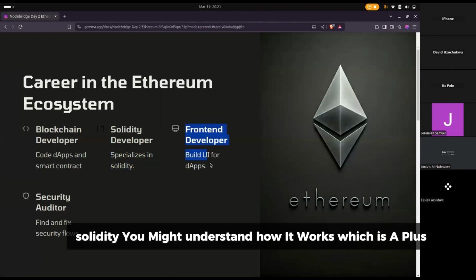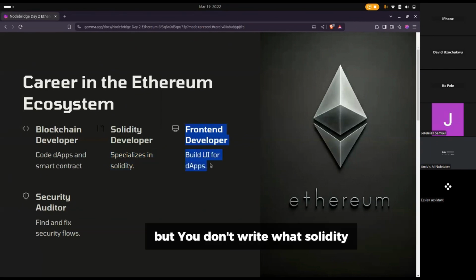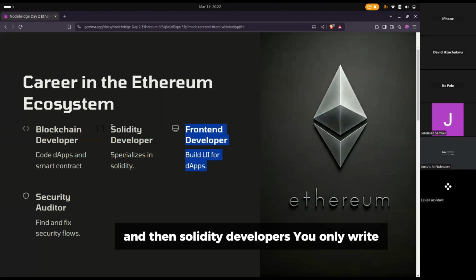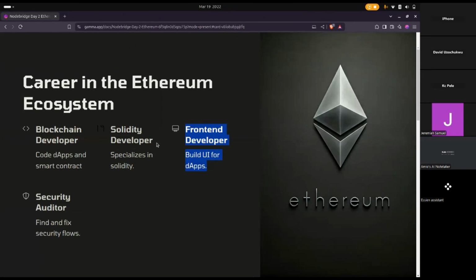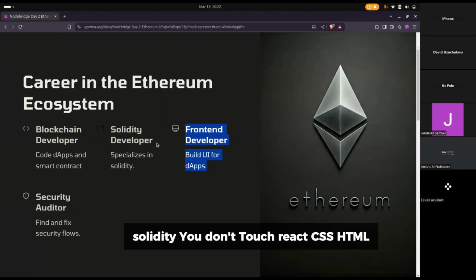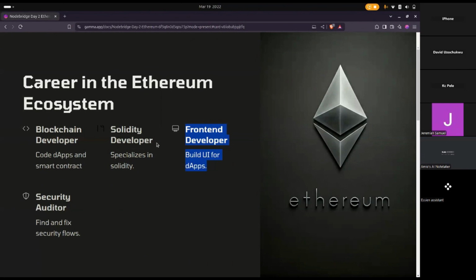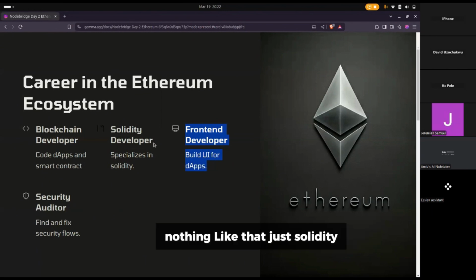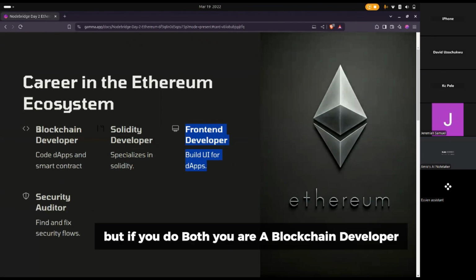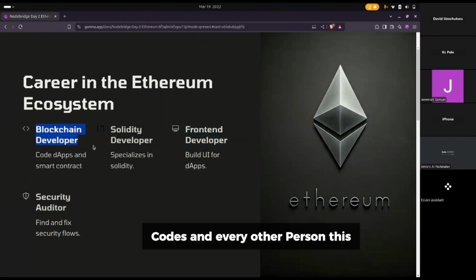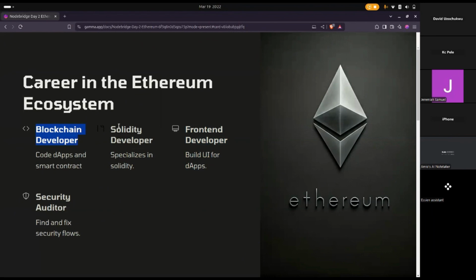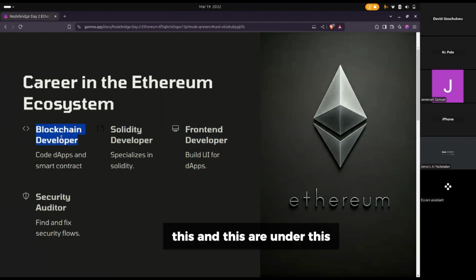You might understand how it works, which is a plus, but you don't write Solidity. And Solidity developers only write Solidity. You don't touch React, CSS, HTML, nothing like that, just Solidity. But if you do both, you're a blockchain developer, and every other role falls under this.